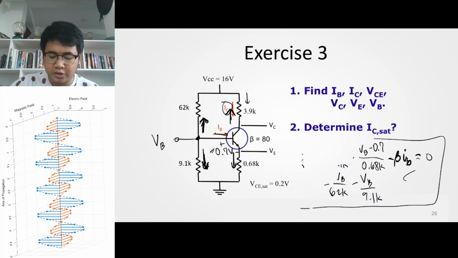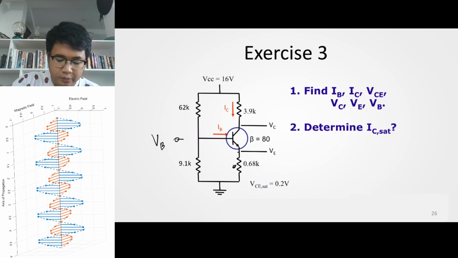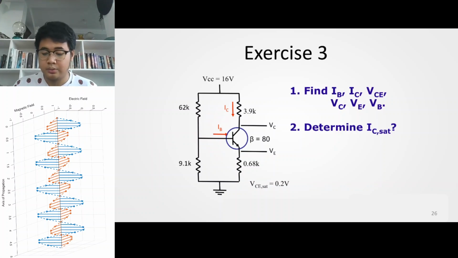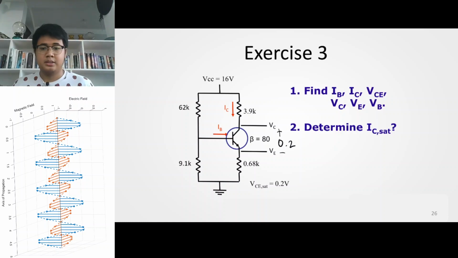The next question is, determine the saturation current. At what value of IC will the circuit saturate? Since we're trying to determine IC saturation, you assume that the circuit is in saturation. The potential difference between VC and VE is 0.2 volts.